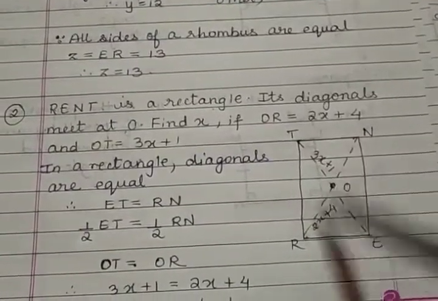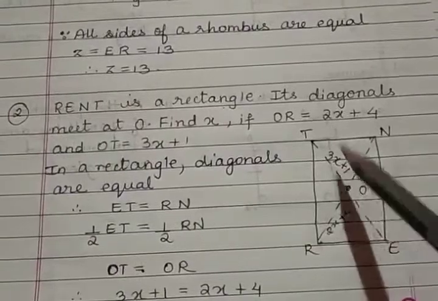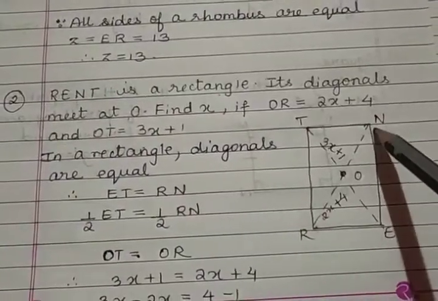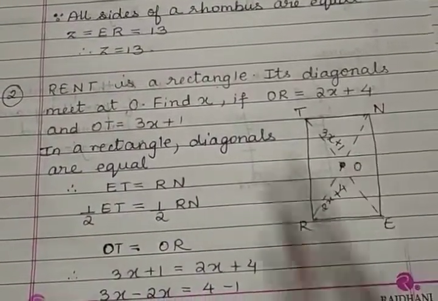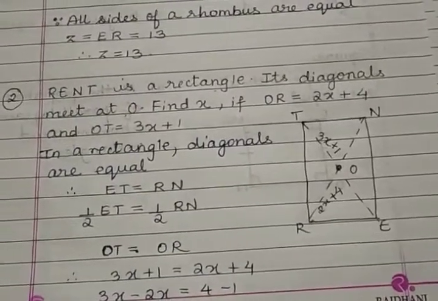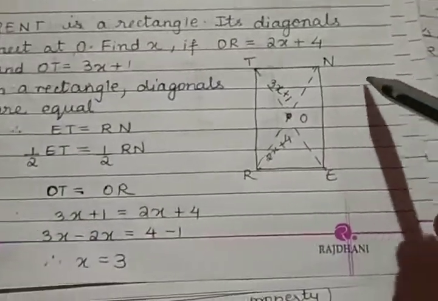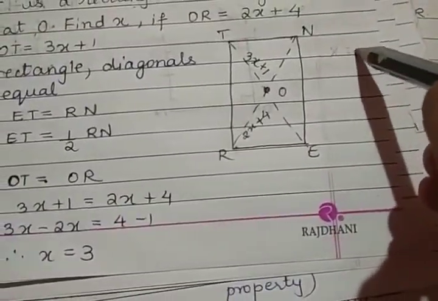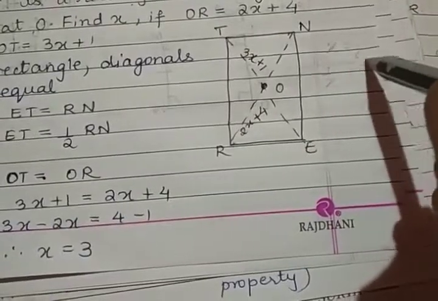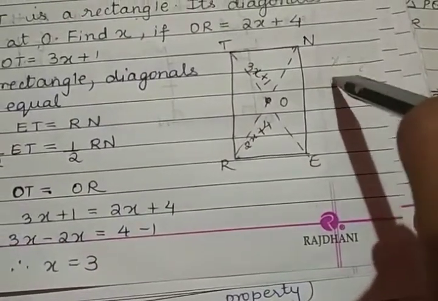So ET should be equal to RN. So half of ET also should be equal to half of RN, right? If two quantities are equal, then half of each is also equal, correct?